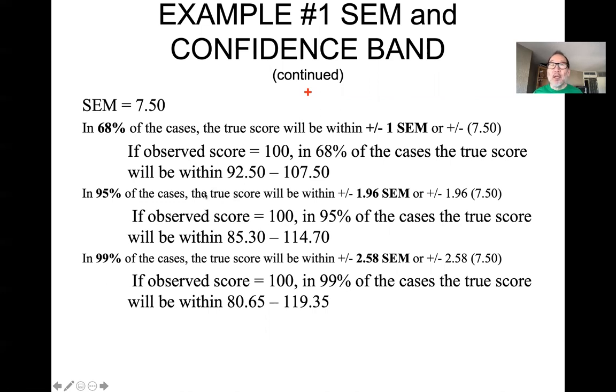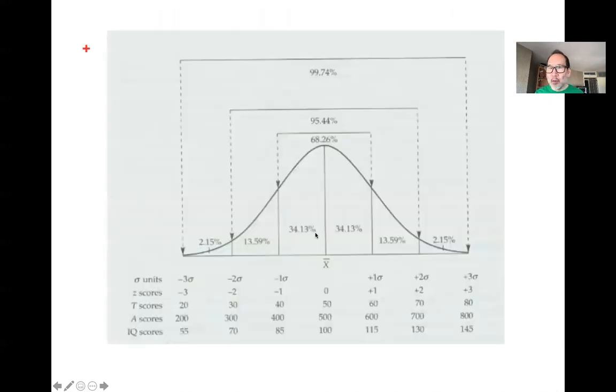So again, like the variance, let's look at two standard deviations. Two standard deviations, or two SEMs, account for 95% of the scores in a normal distribution.